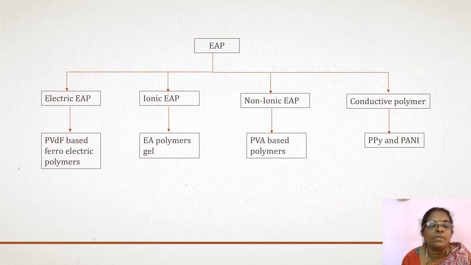Last session, we discussed PVDF. Ionic EAP: polymer gels find a variety of applications. Non-ionic EAP: PVA-based polymers behave as non-ionic EAP. Conductive polymers: polypyrrole and polyaniline are examples of conducting polymers.